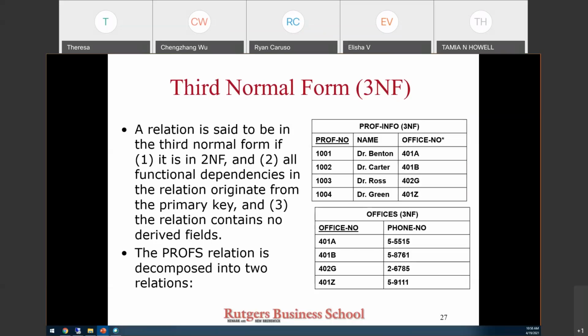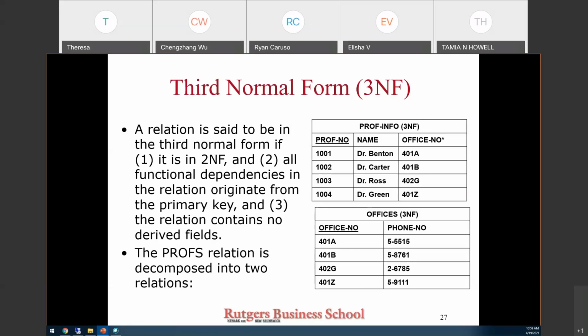By definition, derived fields can be generated based on values either in the same table or in other tables. If derivable fields are physically stored in the table, and if the values from which the field is derived are changed without changing the derived fields, then the database is left in an inconsistent state.